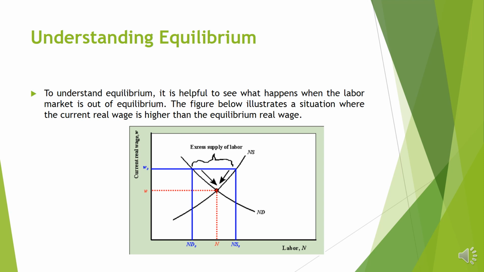Understanding the equilibrium. To understand the equilibrium, it is useful to see what happens when the labor market is out of equilibrium. The figure below illustrates a situation where the current real wage is higher than the equilibrium real wage.